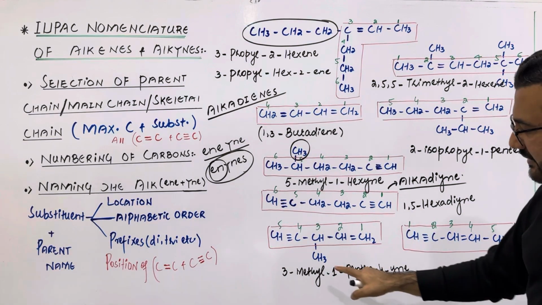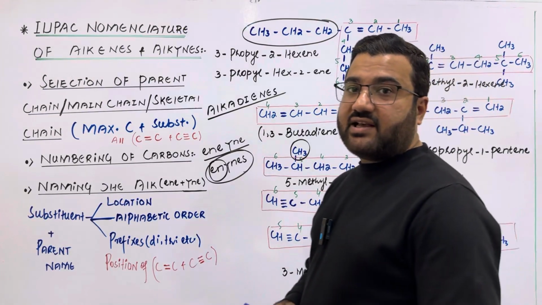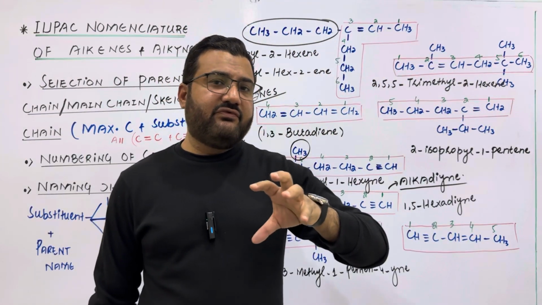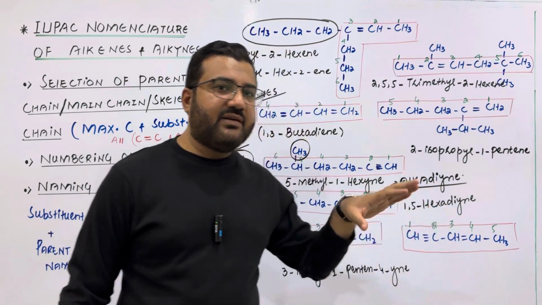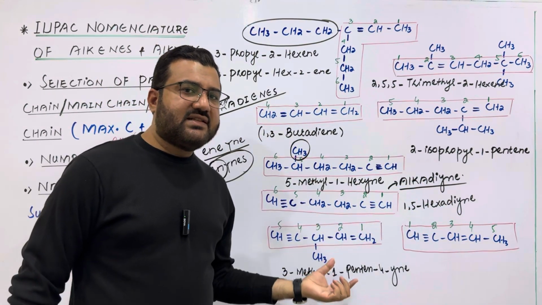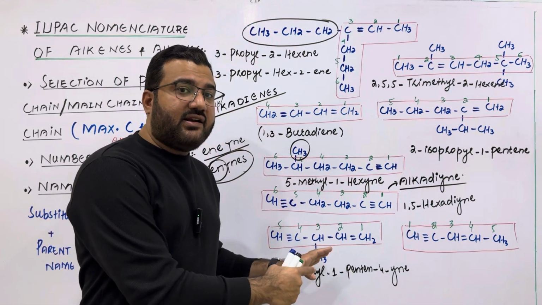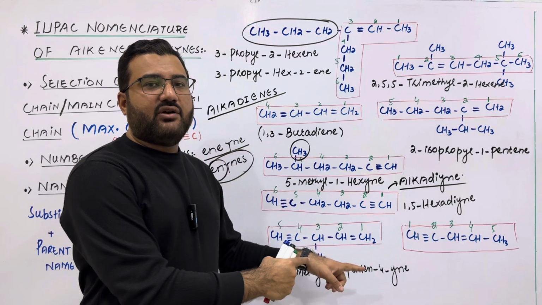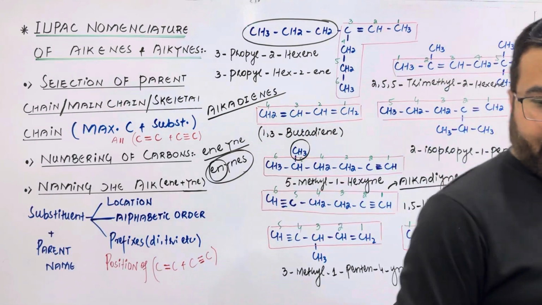So its name will be 3-methyl-1-penten-4-yne. While naming the enynes, it will become very easy for you if you first forget the triple bond and name the compound just as if it is an alkene. And after completing the name, considering it as an alkene, then you will write down the location of the triple bond and use the suffix yne.